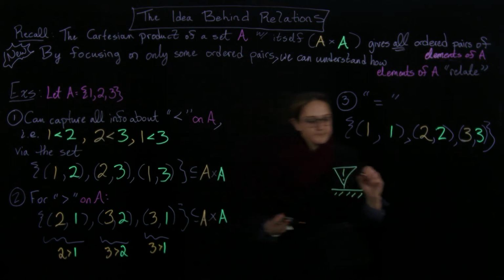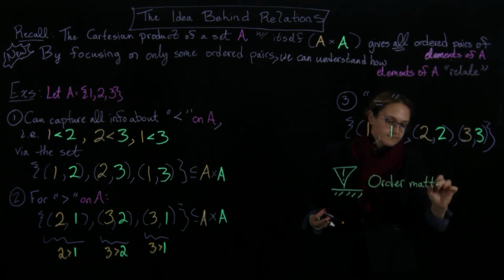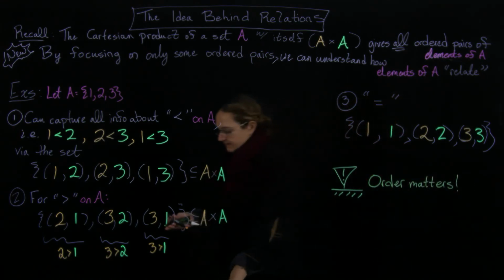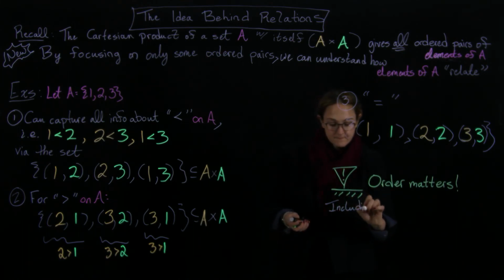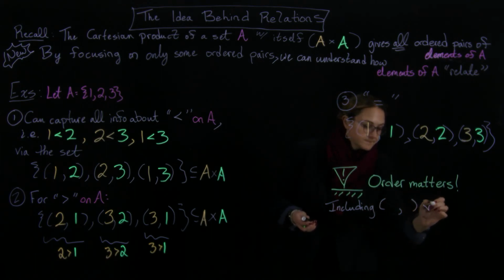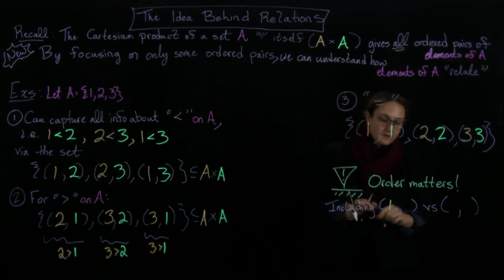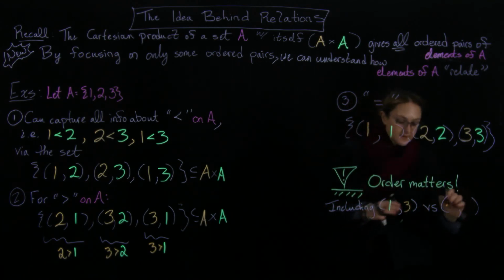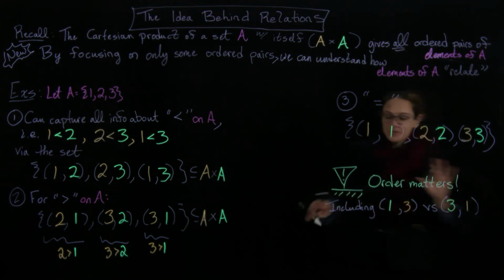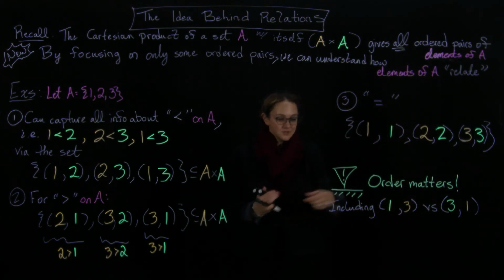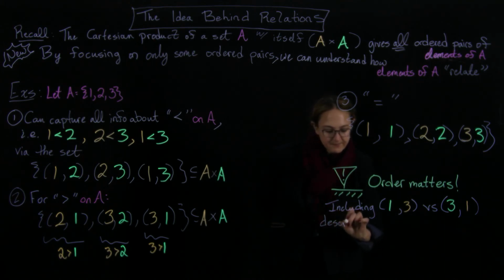My cautionary remark is that order matters. Including, if I include (1, 3) versus (3, 1), I'm describing a different relation.